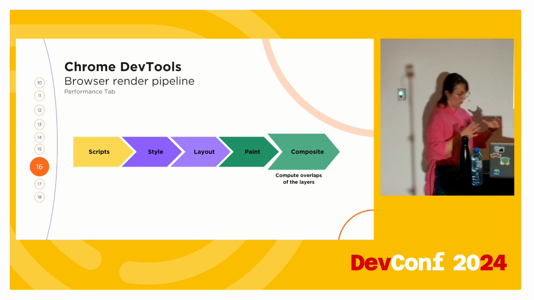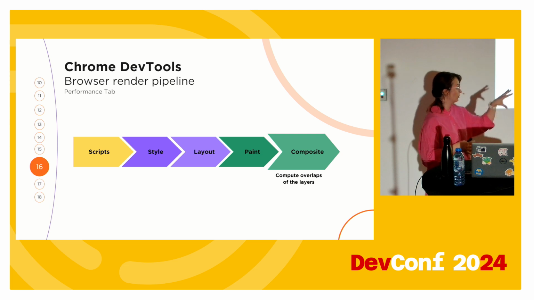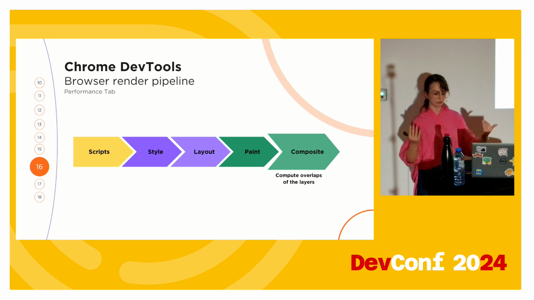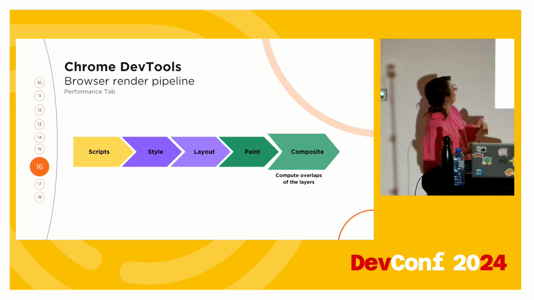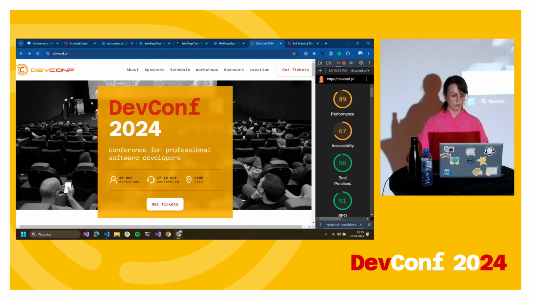When we have styles, layout, and all this paint, our elements should be positioned in the correct way. Because, for example, like here, we want to have this element above our image.